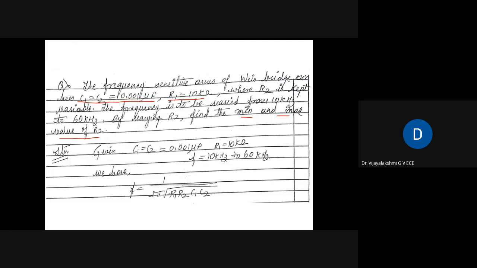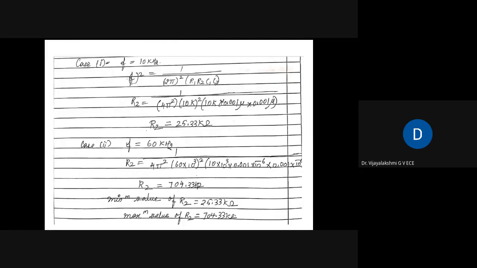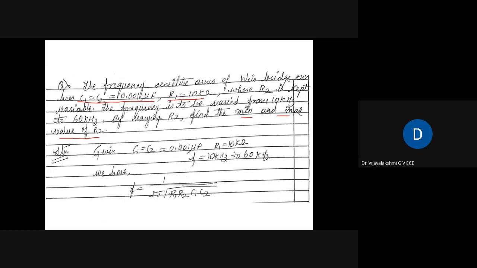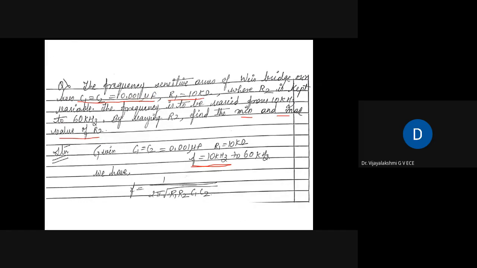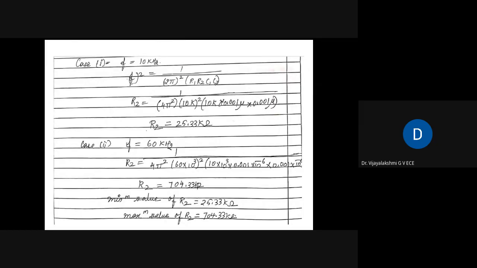It's very simple. Use this equation for f: f is equal to 1 by 2 pi root of R1 R2 C1 C2. Case 1: f is equal to 10 kilohertz. Instead of square root, I have just squared it, so f square is equal to 1 divided by 4 pi square R1 R2 C1 C2.